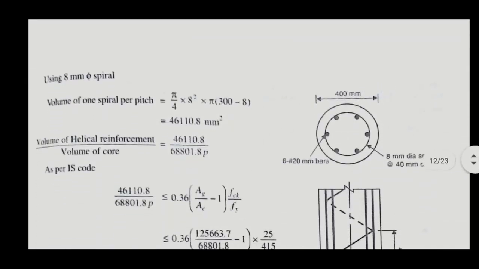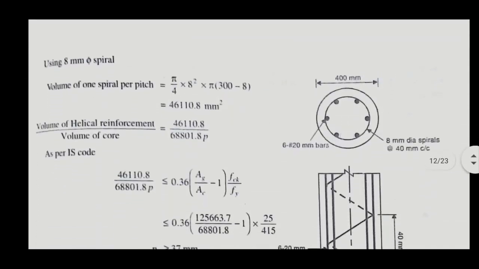So using 8 mm spiral dia, if we use 8 mm spiral dia, volume of one spiral per pitch is pi by 4 into 8 square into pi within bracket 300 minus 8, that is equal to 46,110.8 mm square.